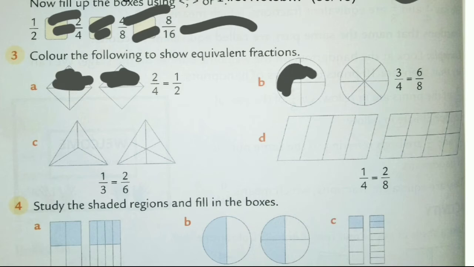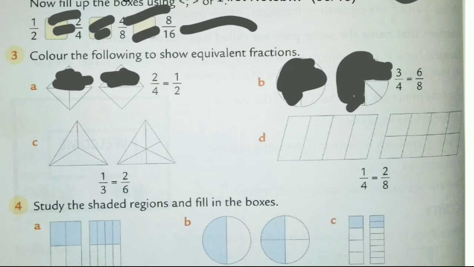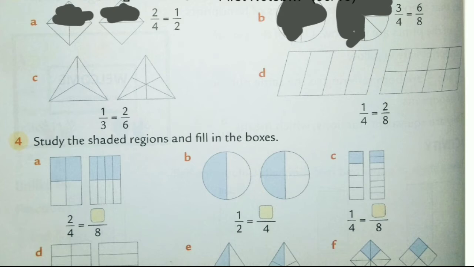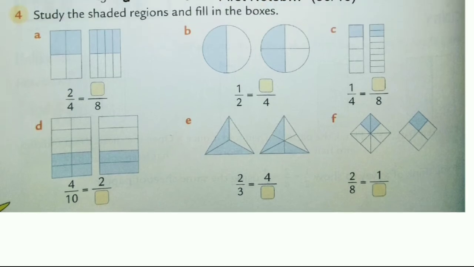So 3 by 4 we color first, and then 6 by 8. 6 by 8 means we leave only 2 parts and color the rest. Next is 1 by 3, and here is 2 by 6. Like this we can do the coloring.